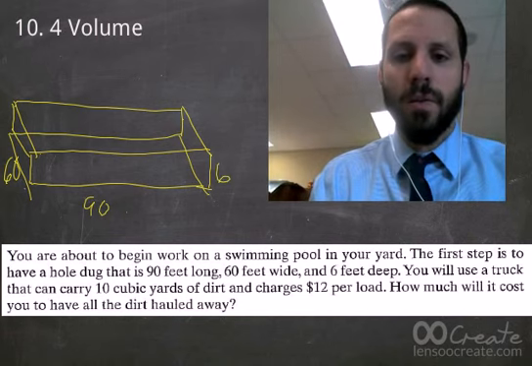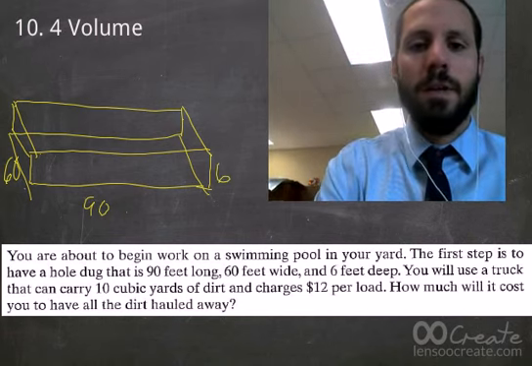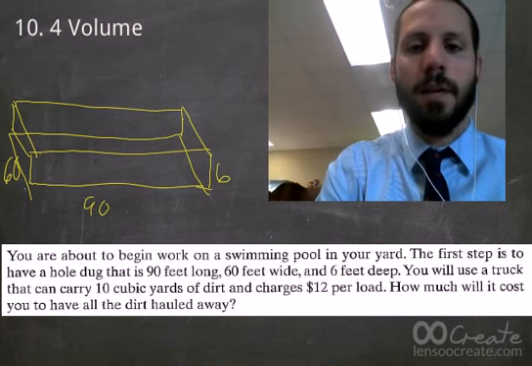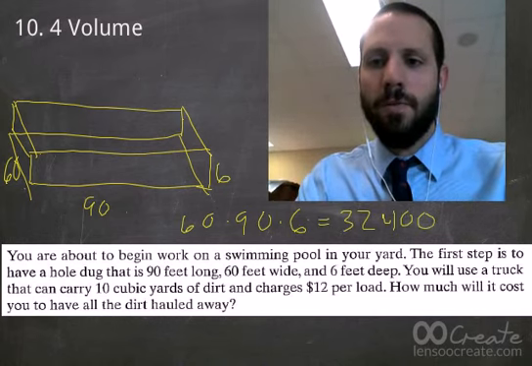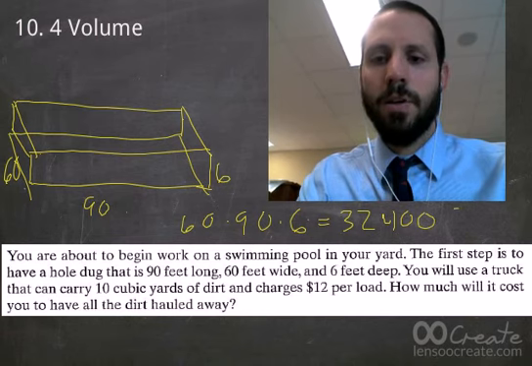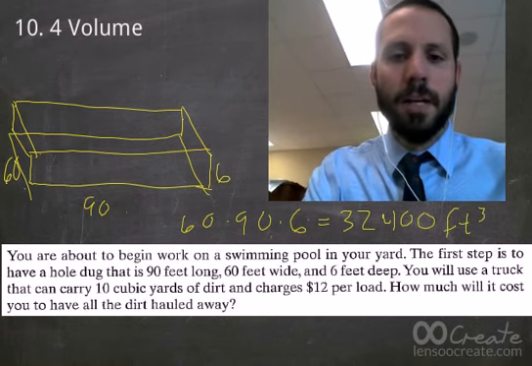So we're looking at a rectangular solid. So if we find its volume, 60 times 90 times 6. All right, so 60 times 90 times 6 is 3,200 feet cubed.